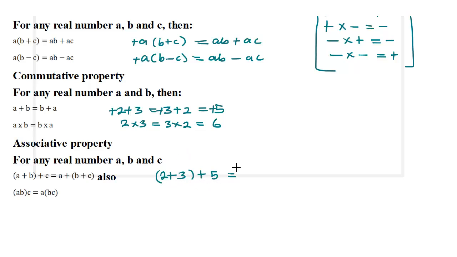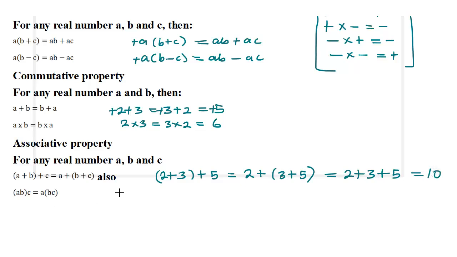So if you remove this bracket, you can still have it as 2 plus 3 plus 5. It will still give you the same result. So this is almost like saying 2 plus 3 plus 5, and 2 plus 3 is 5. 5 plus 5, that is 10.